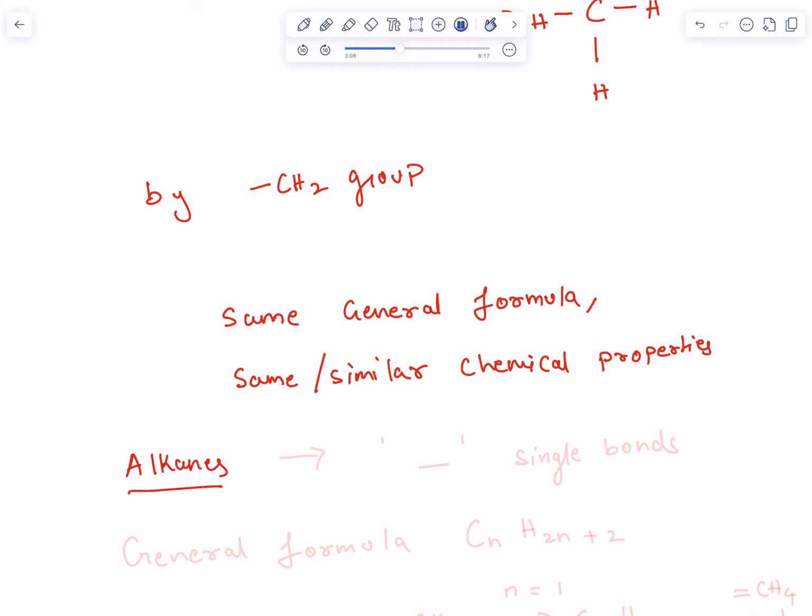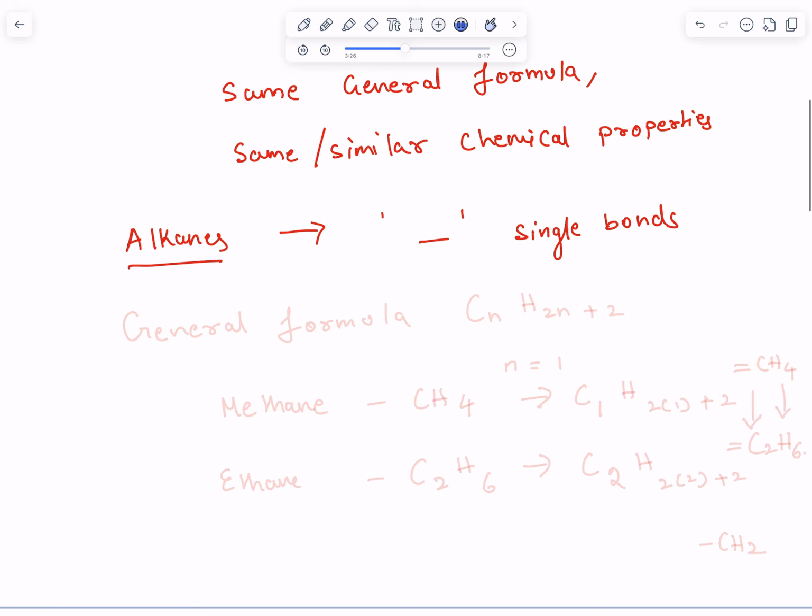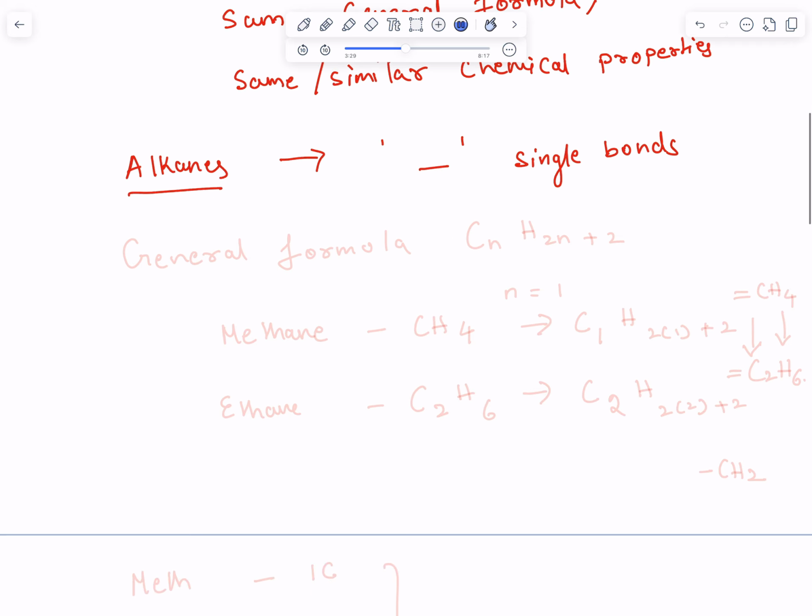Now, let's discuss alkanes. What are alkanes? One word I'm going to tell you about alkanes is they all have single bonds. So if you draw a displayed formula of any alkane, all you see are single covalent bonds within the molecule. Now, the general formula of any alkane is CnH2n+2.